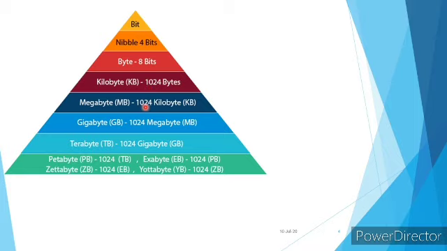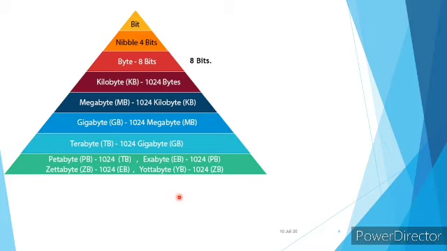Then 1 MB is equal to, sorry, 1 MB is equal to 1024 KB, right? 1 GB is equal to 1024 MB. And then we have terabyte, petabyte, zettabyte, right?